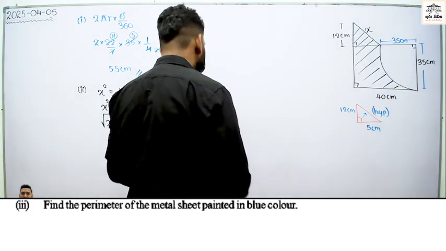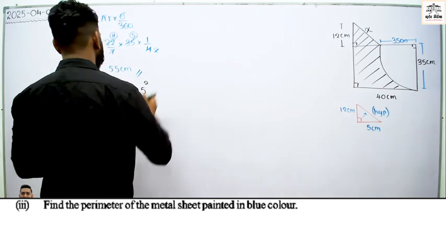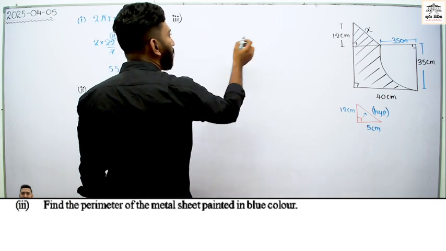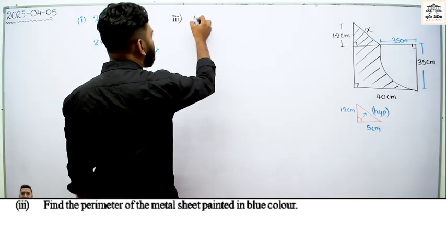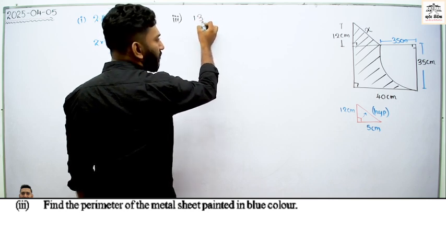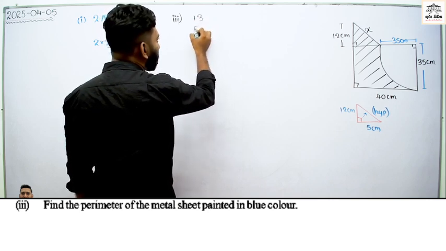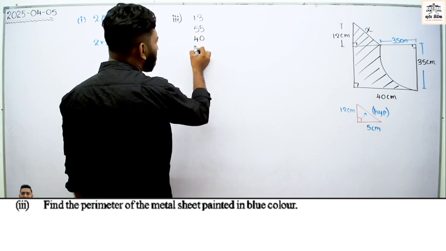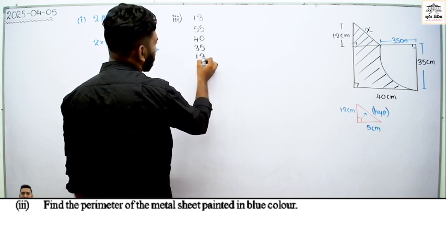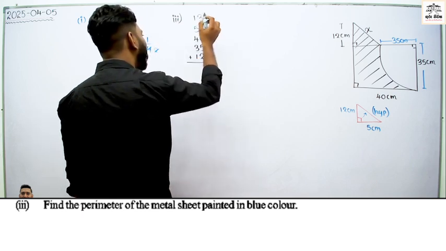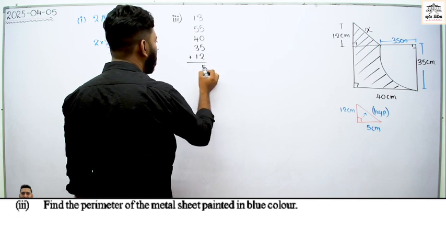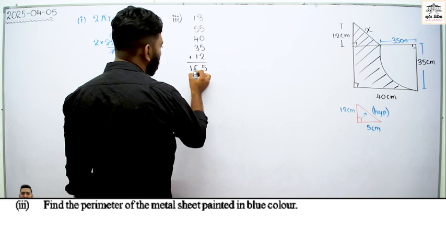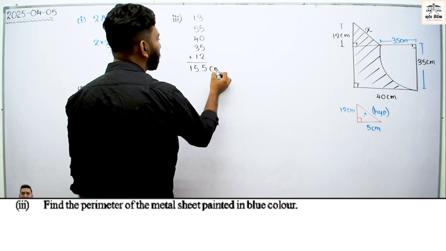Perimeter. Third one. Let's start, first of all x becomes 13 plus arc length becomes 55, remember, and 40 and 35 and 12. 8 and 7 becomes 15, 1 remains 2, 5, 7, 11, 14, 15. 155 cm.